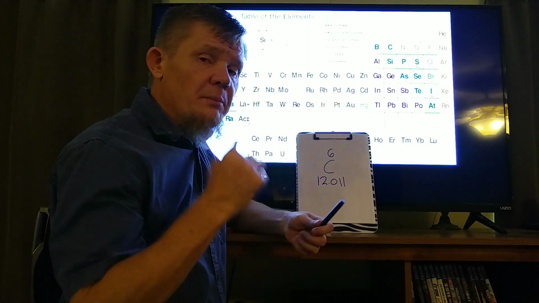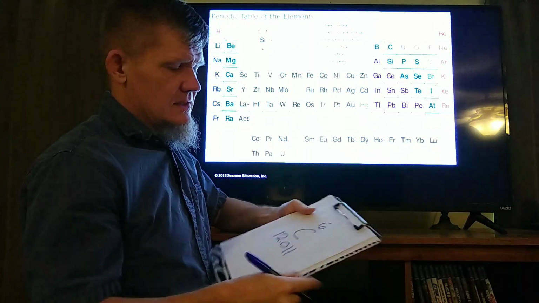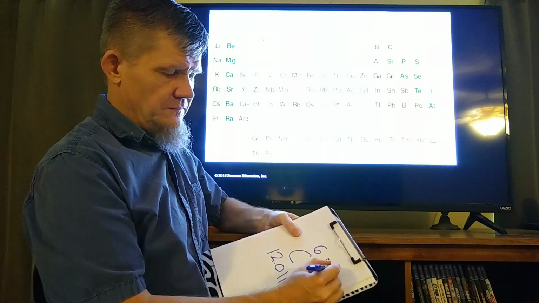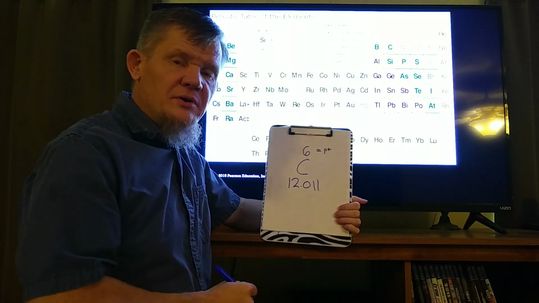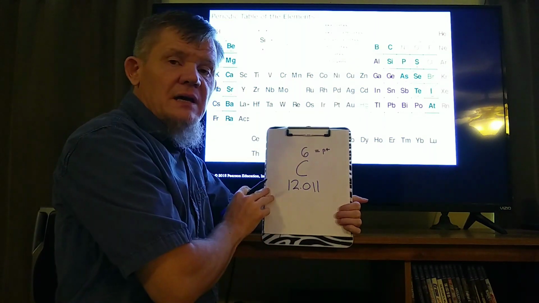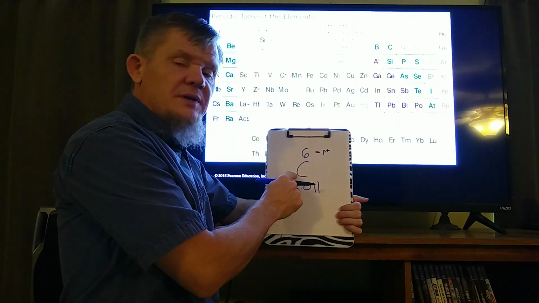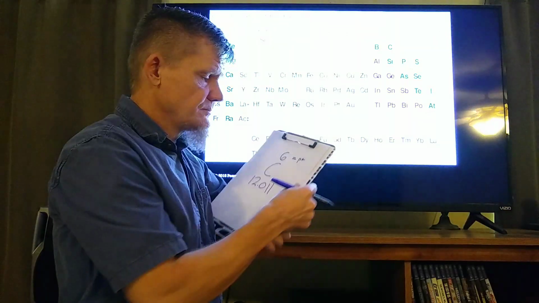This atomic number means a couple of things. The first thing that it means is this atomic number is equal to the number of protons. We'll talk about protons in just a second, but protons are found in the nucleus. So how many protons is carbon going to have? If it's element number 6, it means it has 6 protons.